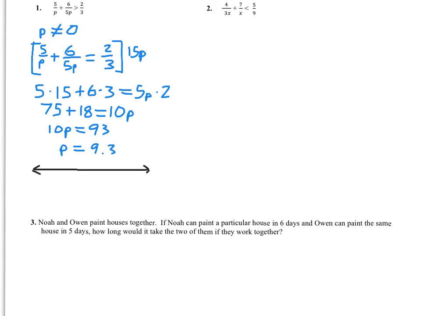And step 1 gave us 0. Step 2 gave us 9.3. So we're going to divide the number line into 3 sections. 2 cuts makes 3 sections. And now we need to test numbers in each area.